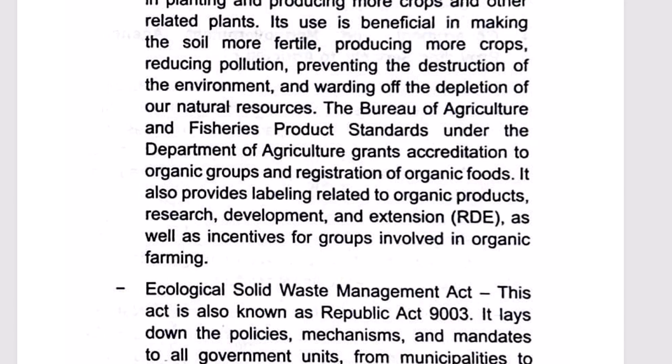The Bureau of Agriculture and Fisheries Product Standards under the Department of Agriculture grants accreditation to organic groups and registration of organic foods. So the Bureau of Agriculture and Fisheries Product Standards accredits groups, especially if they have organic products.